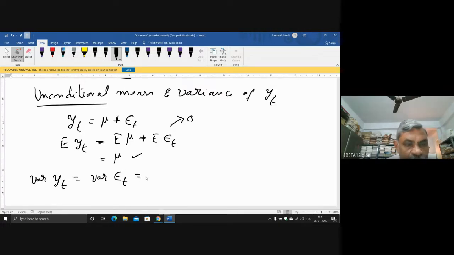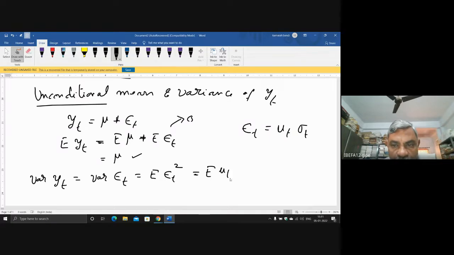And what is the variance of epsilon t? This is the expectation of epsilon t square. And what is epsilon t? Epsilon t is nothing but ut sigma t, by assumption. So if you substitute, you get the expectation of ut square, unconditional, times omega plus alpha epsilon t minus 1 square.